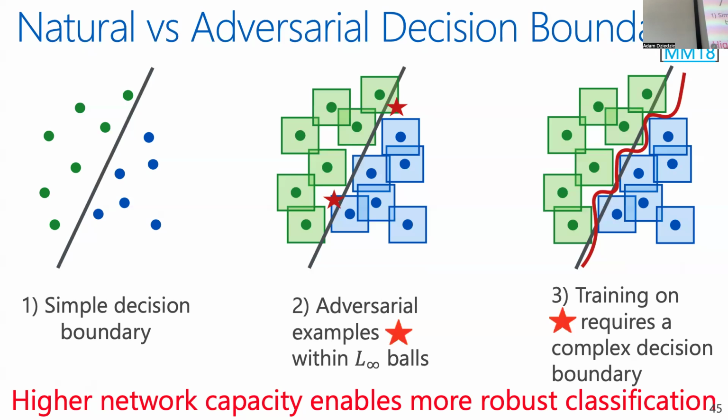One of them is that if you have a more complex model, you can express more complex decision boundaries, and this model is more robust. But it's one of many ways you can make a model more robust. If we are using, for example, regularization, we are decreasing robustness because we are decreasing model capacity.